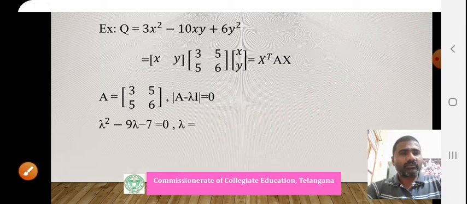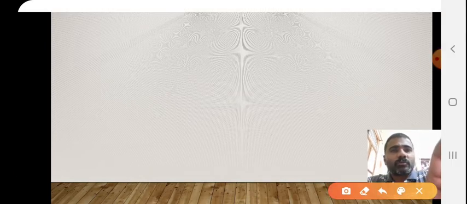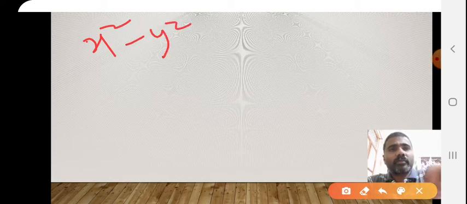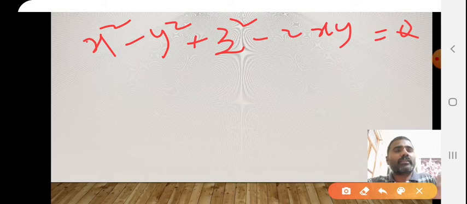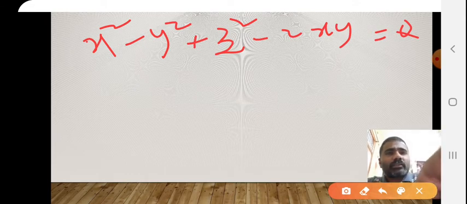Now let us take one more problem. I can give an example. Q is equal to x square minus y square plus z square minus 2xy. This is the quadratic form I can take. What is the matrix related to this one?